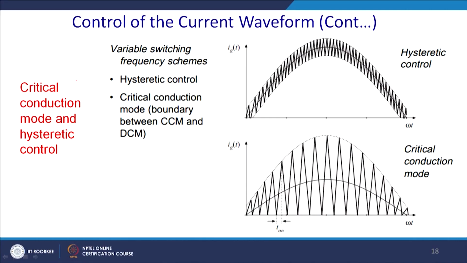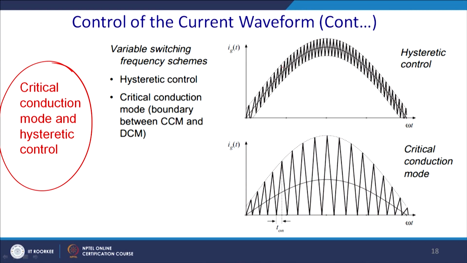Now, to overcome this, we can think of some hysteresis controller. Till now you had a constant switching frequency, so you can choose a particular switch for the particular frequency.